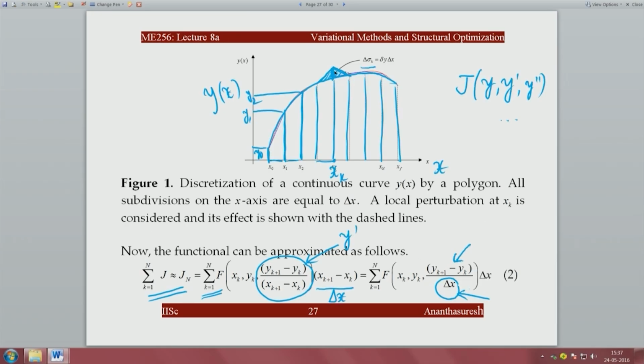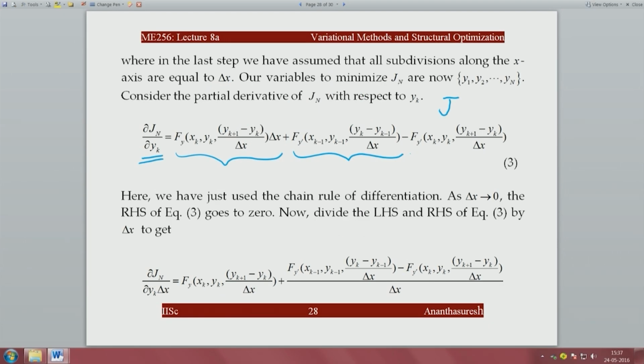We take the derivative with respect to y_k first, and then with respect to y prime in which y_k is there, and then y_(k+1) also will exist when I take it with respect to k minus 1. So, that will give me 2 terms.